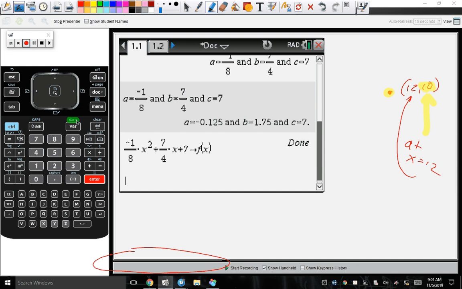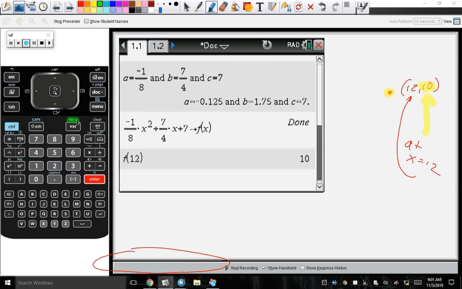So now I can say, let's see if it's going to make this shot. Let's see if it will hit right at a height of 10 when I put in what x value? 12. So here we go. If I put f of 12, bam, it hits 10. This will tell me how high this will be at 12. You do control store.